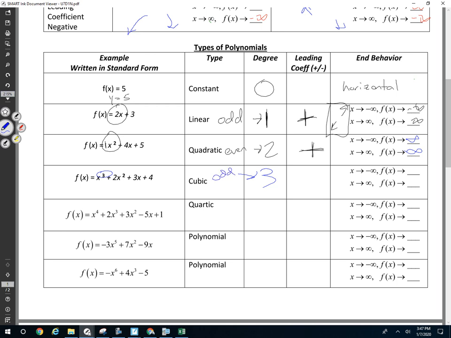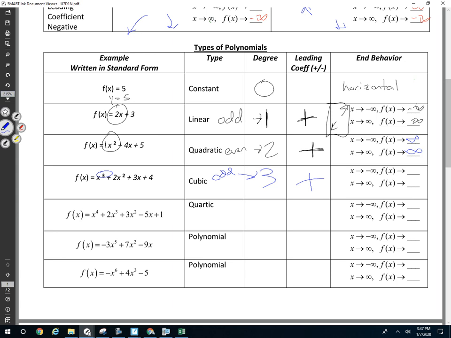The number in front of it is a positive. There's no number in front of it. With your arms, what will an odd function, polynomial function, look like with a positive leading coefficient? Leading coefficient. So here's the thing. You got two options. You got this or you got that.